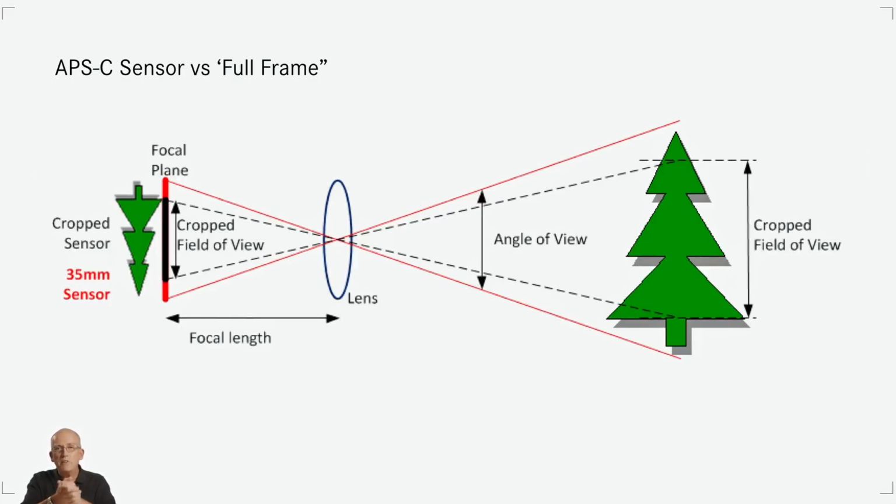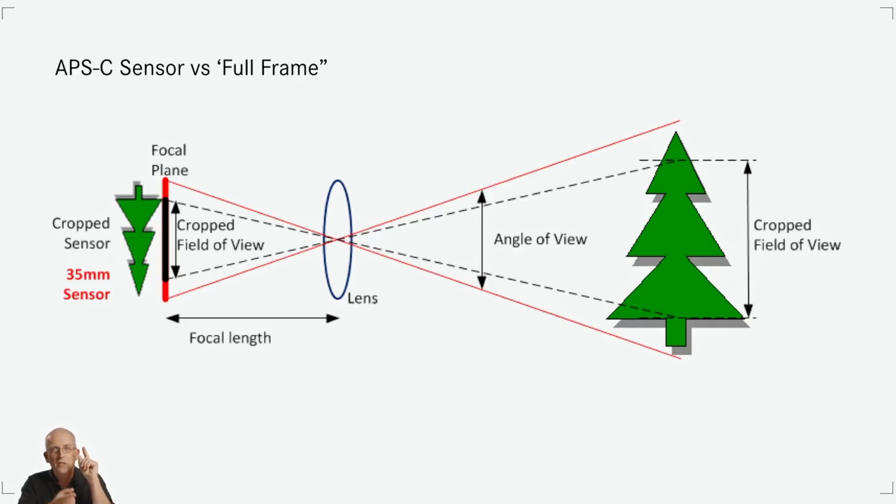Okay, we just need to address this thing, this misconception, myth. There's a lot of misinformation about so-called crop sensors. I'm not going to go into too much detail, but I just wanted to throw this diagram at you and another one in a sec.